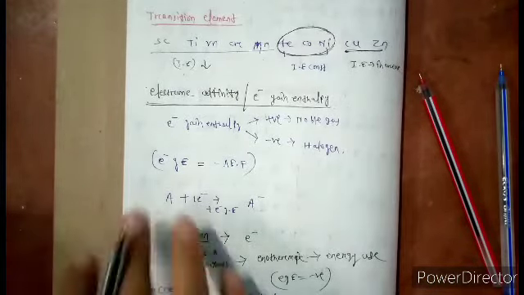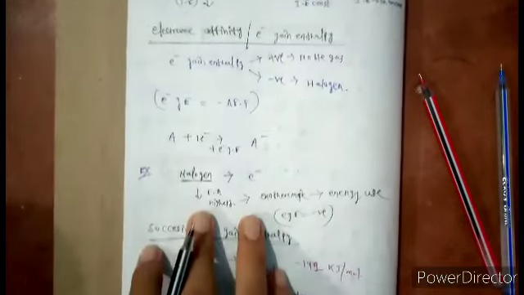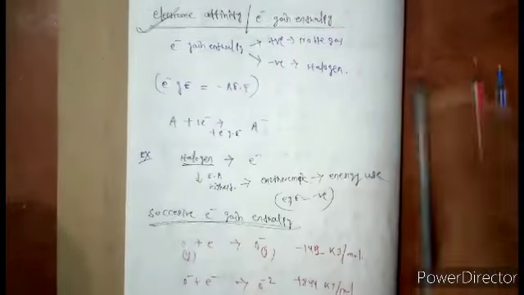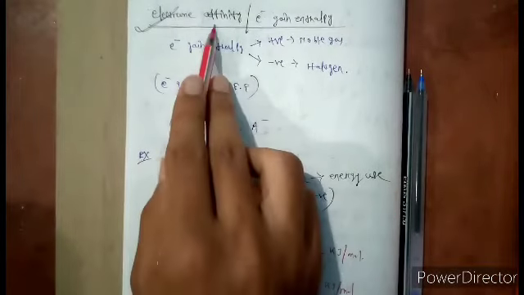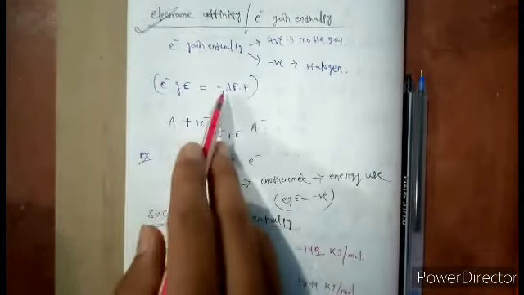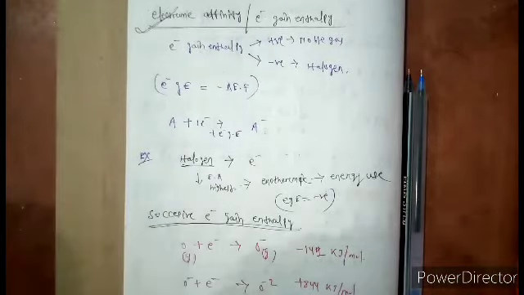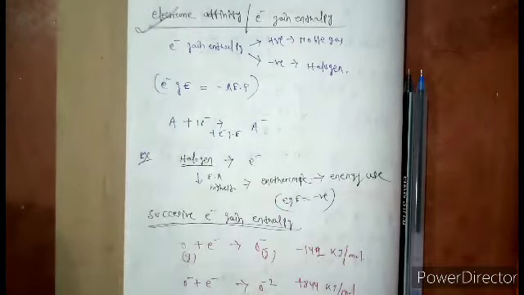Then come to electron affinity. What is electron affinity? Electron affinity and electron gain enthalpy are the same, but electron gain enthalpy is equal to the negative of the electron affinity.